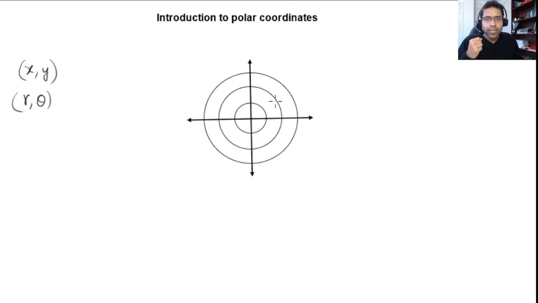And that point is actually moving along this circle. If it's the radius 1, we can see there are three circles I drew: radius 1, radius 2, radius 3. So the point is rotating along this circle with a certain number of angles.